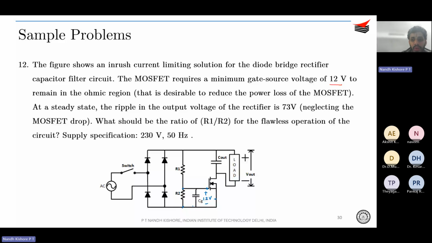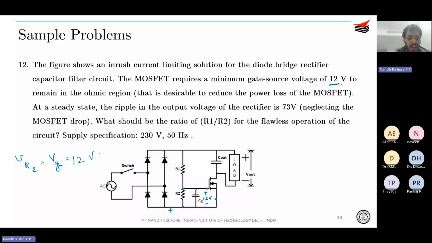So from this particular statement, VR2 and VGS of the MOSFET are both the same. Obviously, from this picture, VR2 is actually 12 volts. So this is one piece of information.